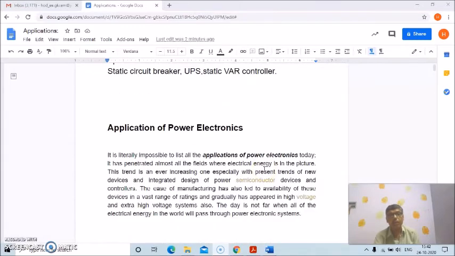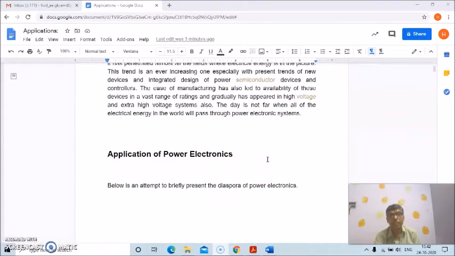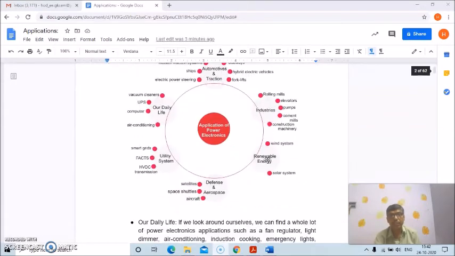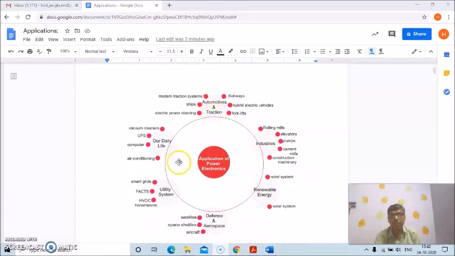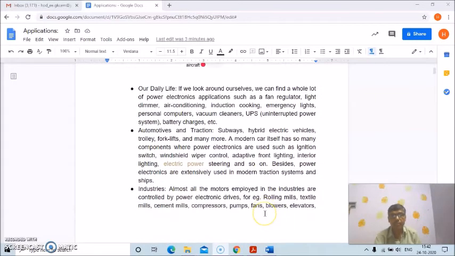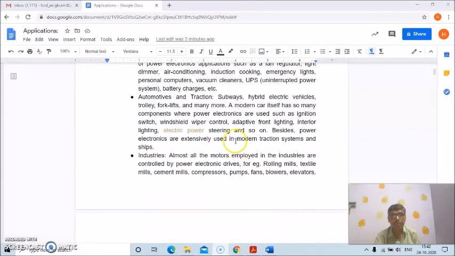Under this, we have thrown some light on the applications of power electronics, what the application areas are. We have shown the applications in a diagram, and then discussed them a little bit.